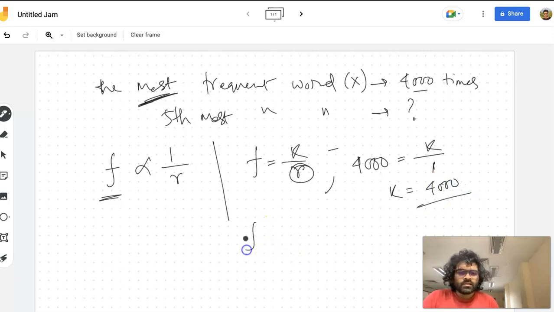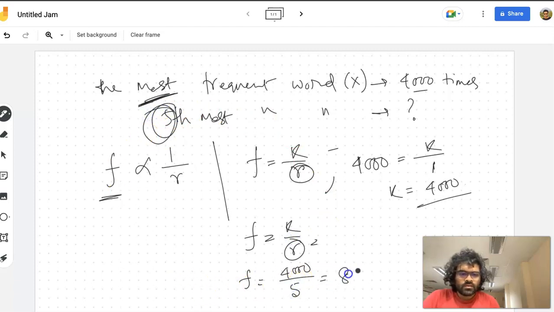Now if we put this in the formula, f equals k over r, where k is 4000 and we are asking for the fifth most, so r is 5, so it is around 800.